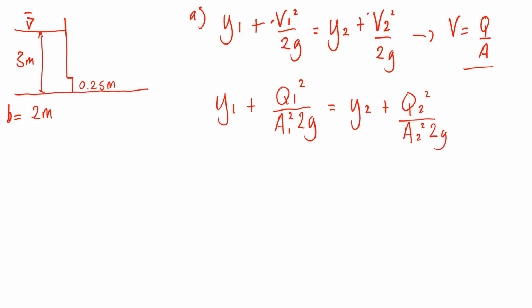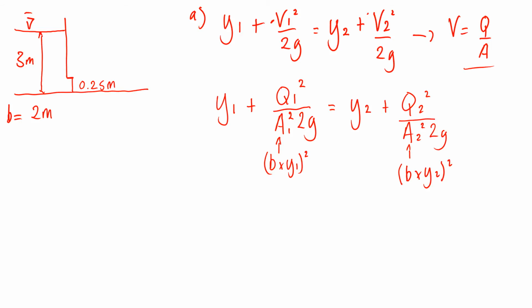Now you can manipulate this further, because we know that a1 is b times y1 and a2 is b times y2 if you open it out. So now you can rearrange this equation for q.